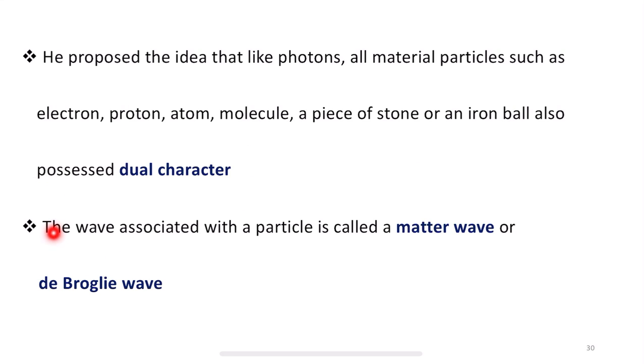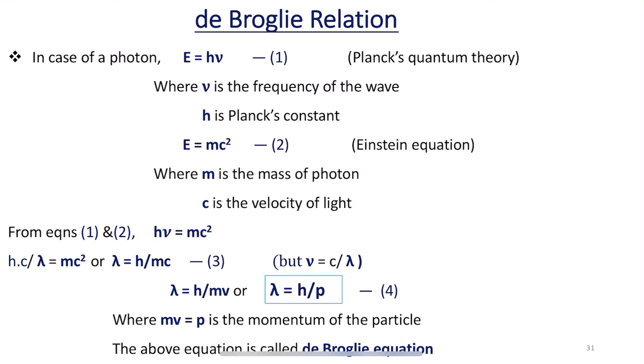The wave associated with the particle is called a matter wave or de Broglie wave, and its wavelength was calculated by analogy with the photon.